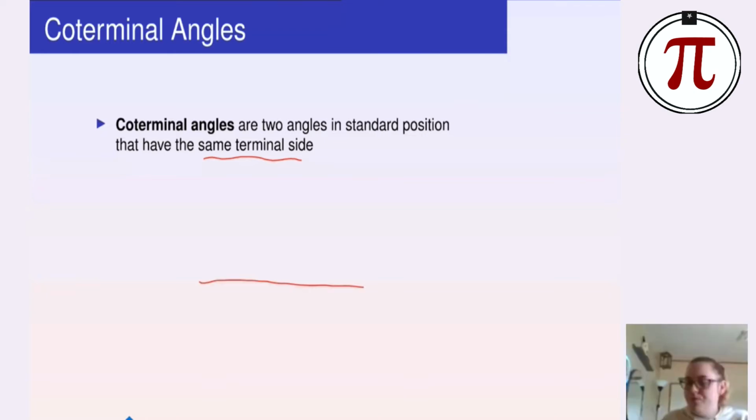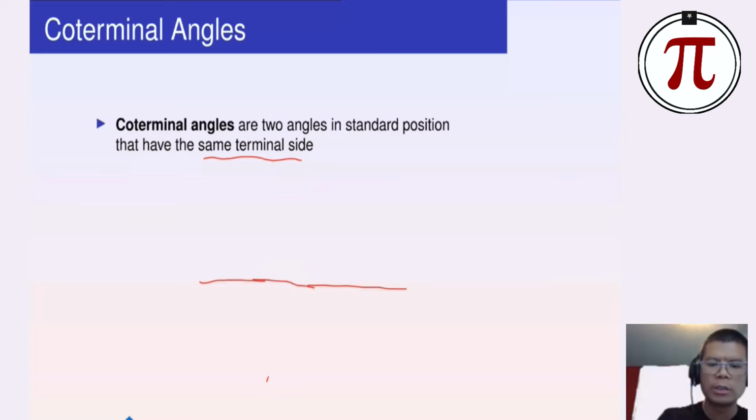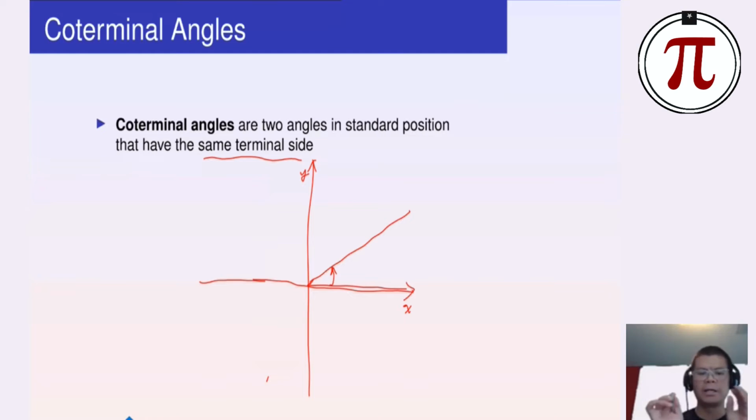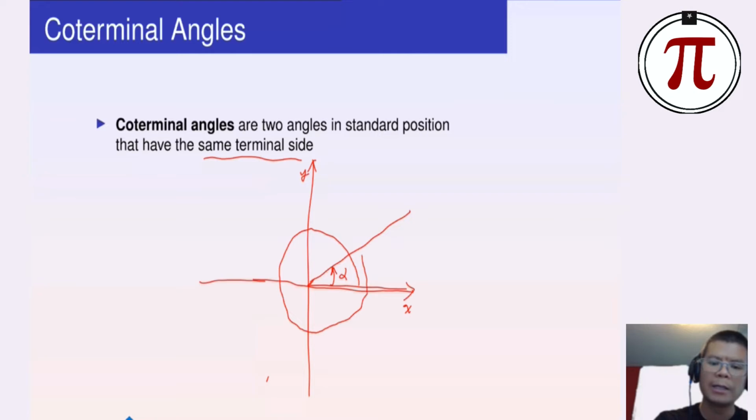So let me just draw this one here. This is in the standard position, this is x, and this is y. So if this is my angle, you can rotate and end up at this position. This is one angle. Say that this is angle alpha. Or you can do one full circle and then come back to this point, one full rotation and then another alpha.